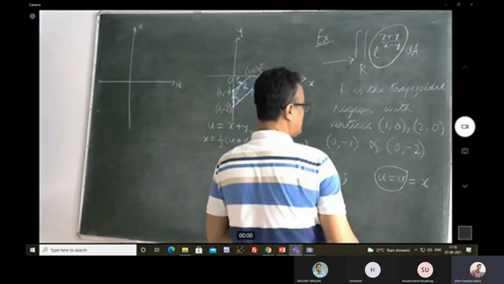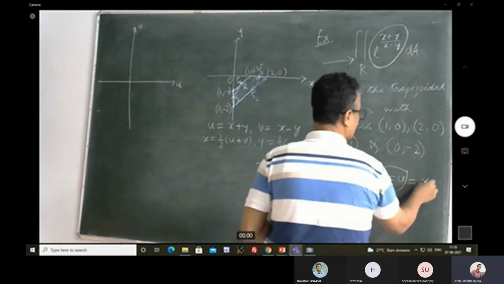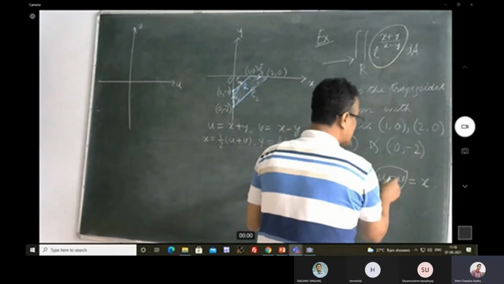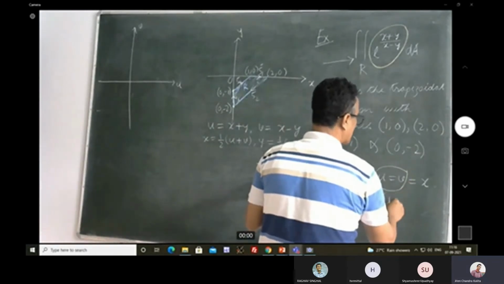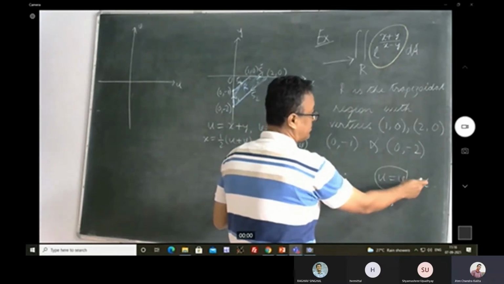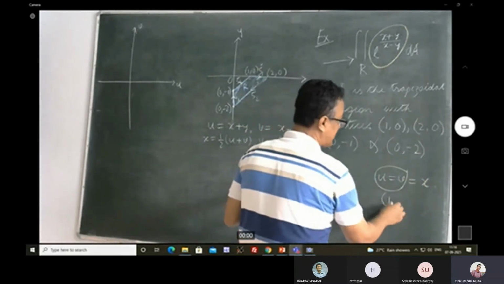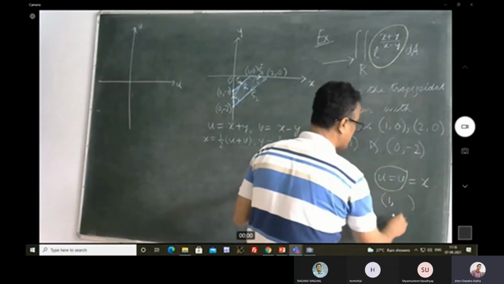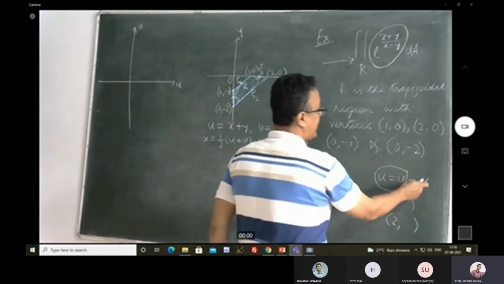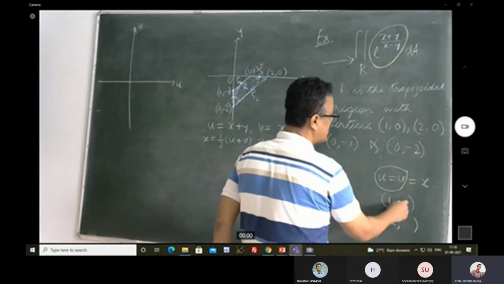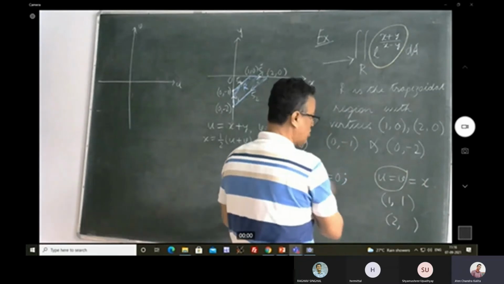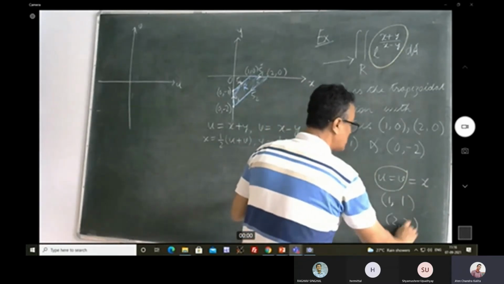Since x goes from 1 to 2, I am going to seek the points. When x equals 1, (u, v) is (1, 1). Similarly, when x equals 2, (u, v) is (2, 2).